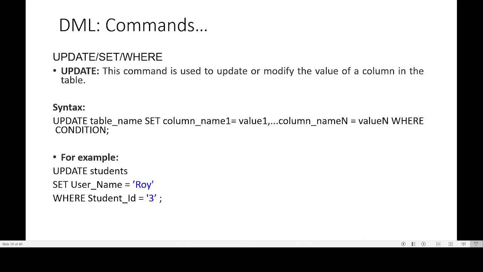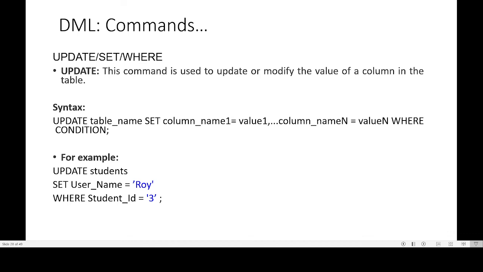For example, suppose we want to update a table called students. So I'm just giving update students. Students is the table name. Now there is a column name called username. So I just set username is equal to Roy. I'm setting that name to be Roy, where student ID is equal to 3.